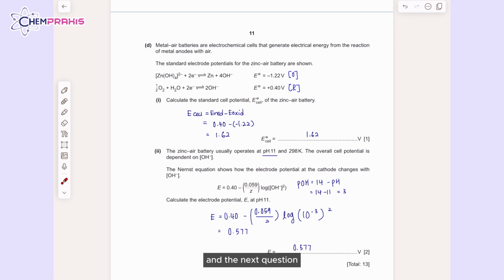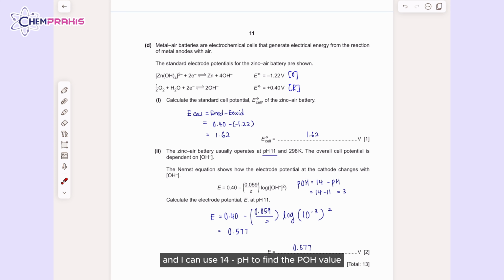And the next question: the zinc-air battery usually operates at pH 11 and 298 K. The overall cell potential is dependent on the OH minus concentration. The Nernst equation shows how the electrode potential at the cathode changes with OH minus. Calculate the electrode potential. So the first thing, I will try to find the pOH.